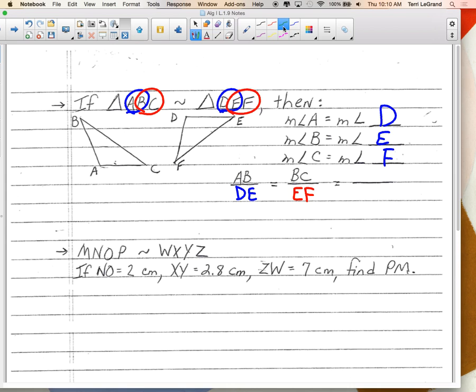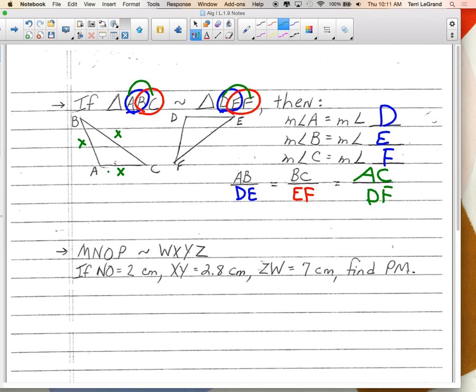And last but not least, we have another side left in triangle ABC. What is it? AC. We've used AB, we've used up BC, but we haven't used up AC. So AC corresponds with DF.